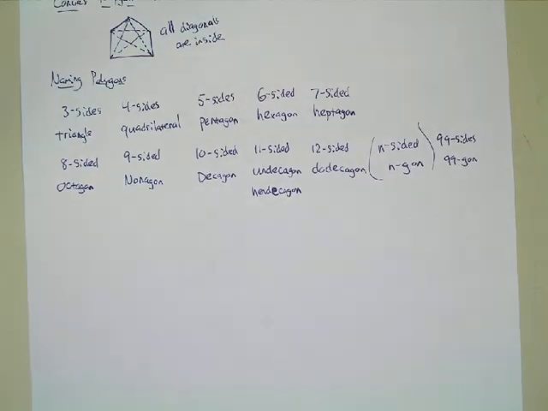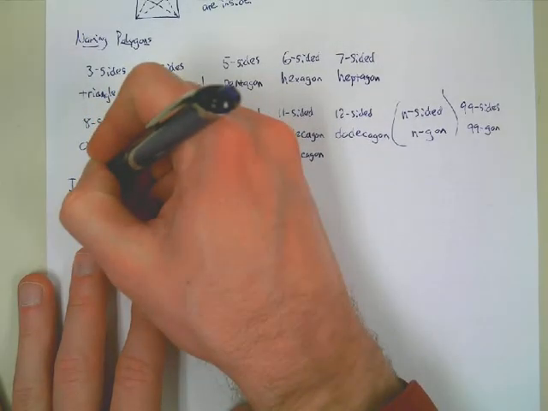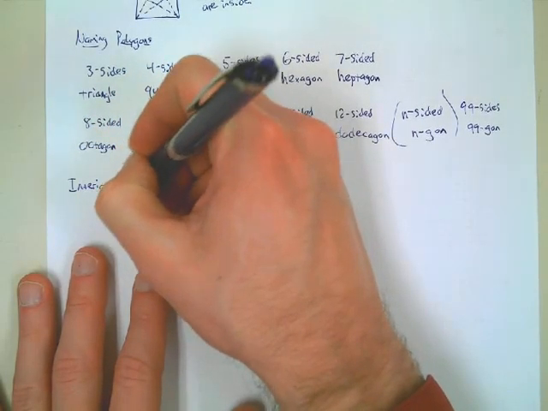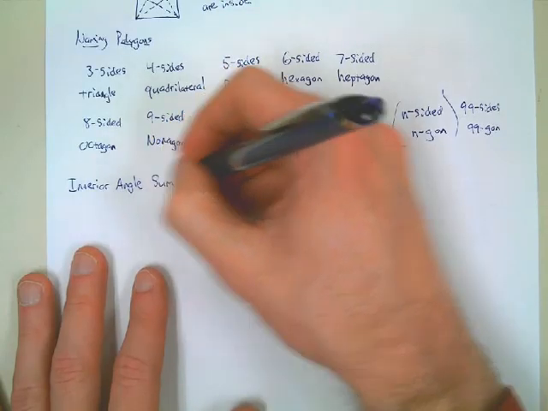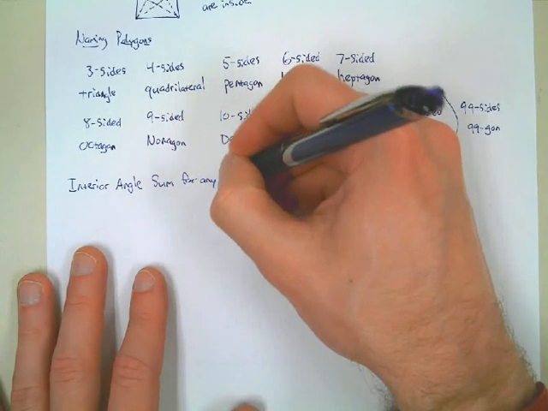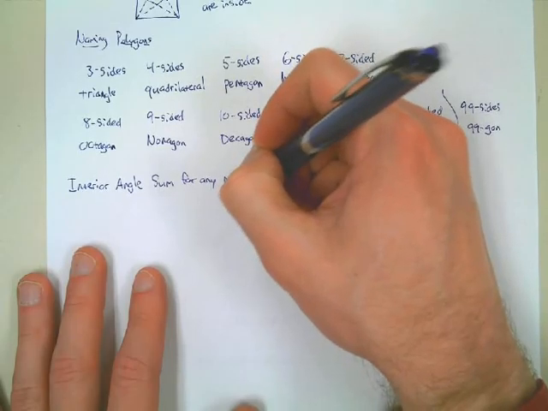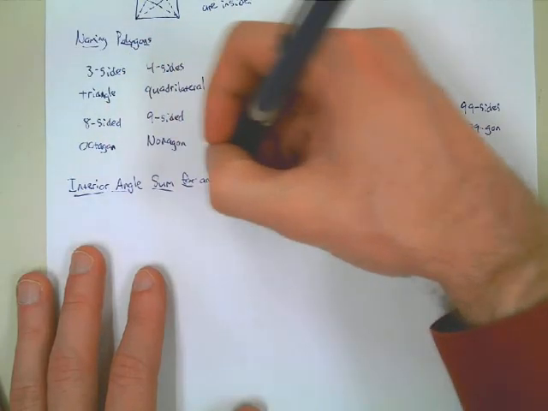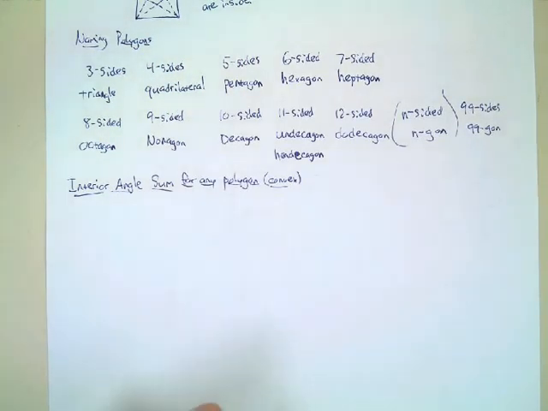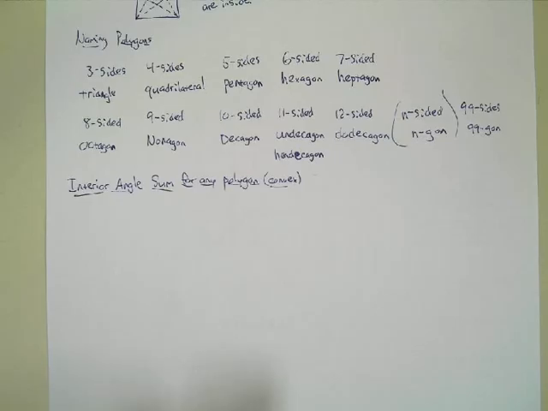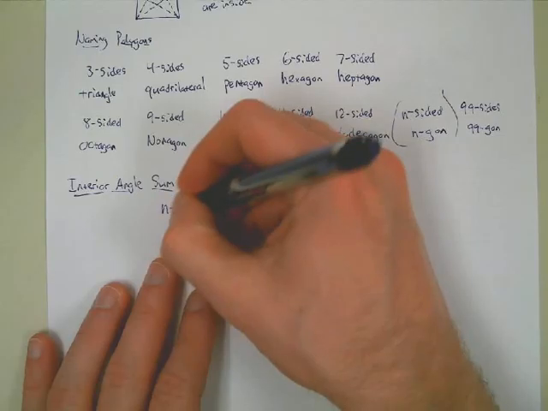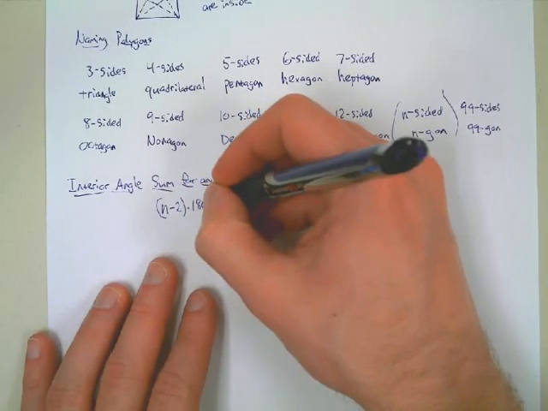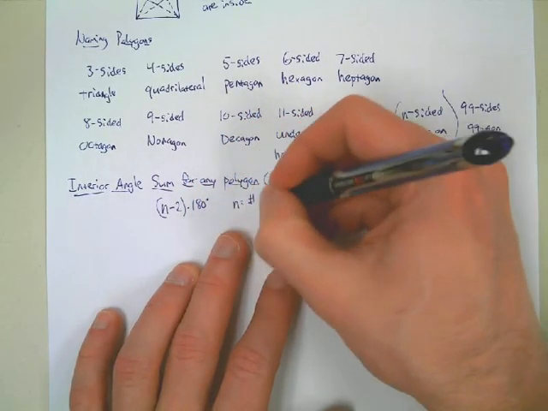So the interior angle sum for any polygon, or I should say any convex polygon, we're not going to worry about trying to find an interior angle sum for concave because I don't think we could come up with something like that, is n minus 2 times 180 degrees, where n equals the number of sides.